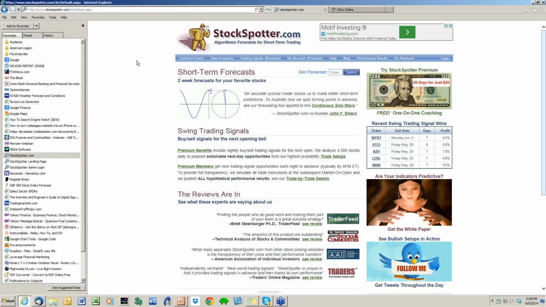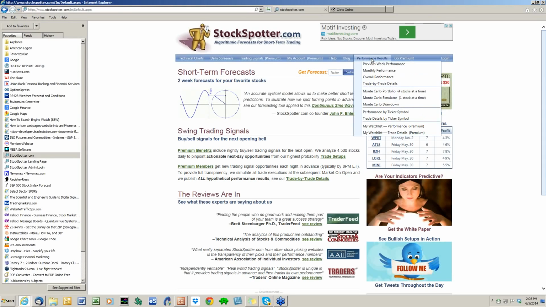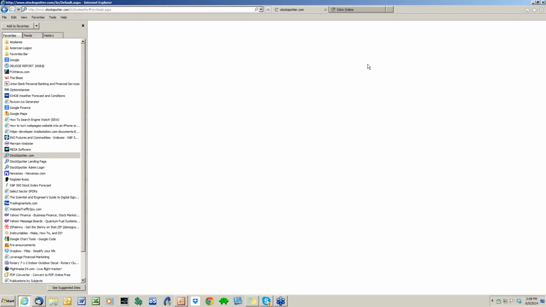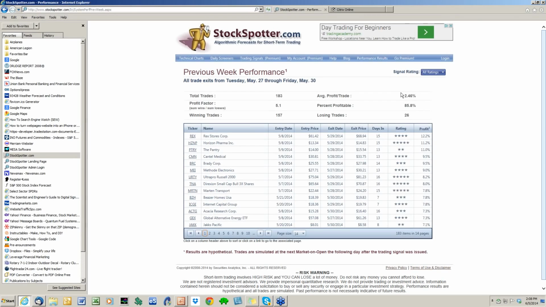If you're saying, I'm going to buy on the open tomorrow, and our nominal hold period in StockSpotter is 10 days, you're saying, in essence, I'm predicting that the price is going to go up substantially over the next 10 days. And by having, well, is everyone still seeing my screen? Yes. Okay. Here is how we performed last week, for example. We had an average profit per trade of 2.46% on 183 trades.